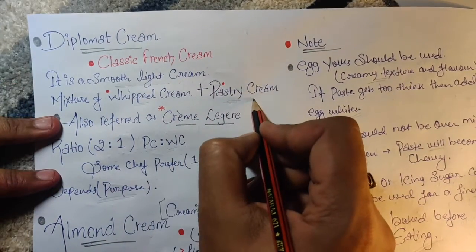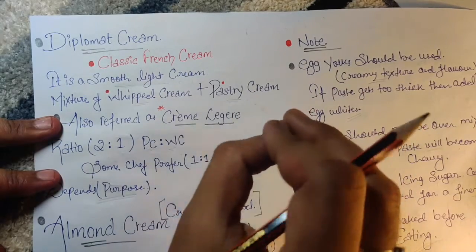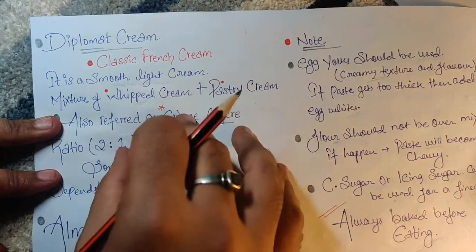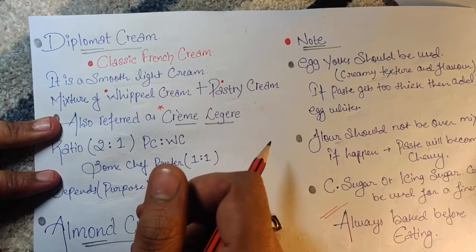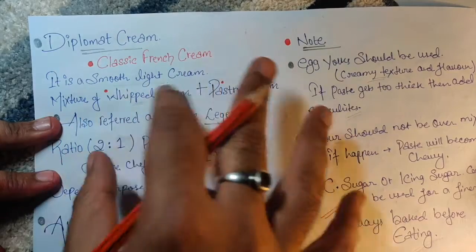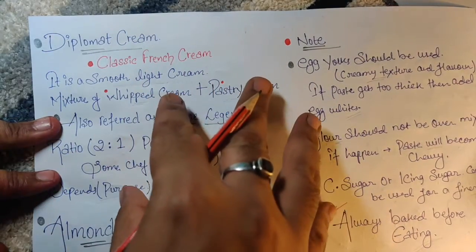If you want to know about pastry cream and custards, every single thing is in my videos. I have already shared it in detail. You can go to the video description, where you can see all the links I've already shared about custard and pastry cream, every single thing in detail, okay? Some of the things here have already been explained, and if you know that, it will help you understand this.